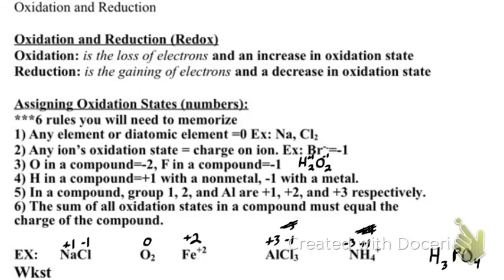Last but not least, we have a compound that has 3 elements in it. So it's not an element on its own, it's not an ion, so we move to rule 3, which says that oxygen in a compound is -2. So we put our -2 above the oxygen, but now we have 4 times a -2 is -8 overall.